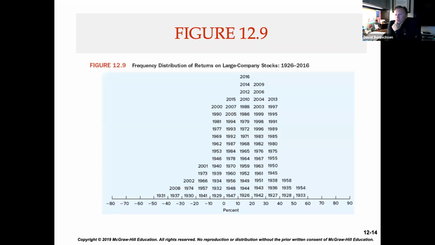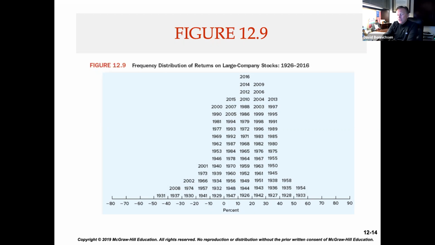So when we look at the distribution of returns from large cap stocks, for the next few slides we're going to be getting into some of the things that you learned in your business analytics or statistics class. When we look at a frequency distribution of the returns for large cap stocks between 1926 and 2016, we can see a shape beginning to develop here.